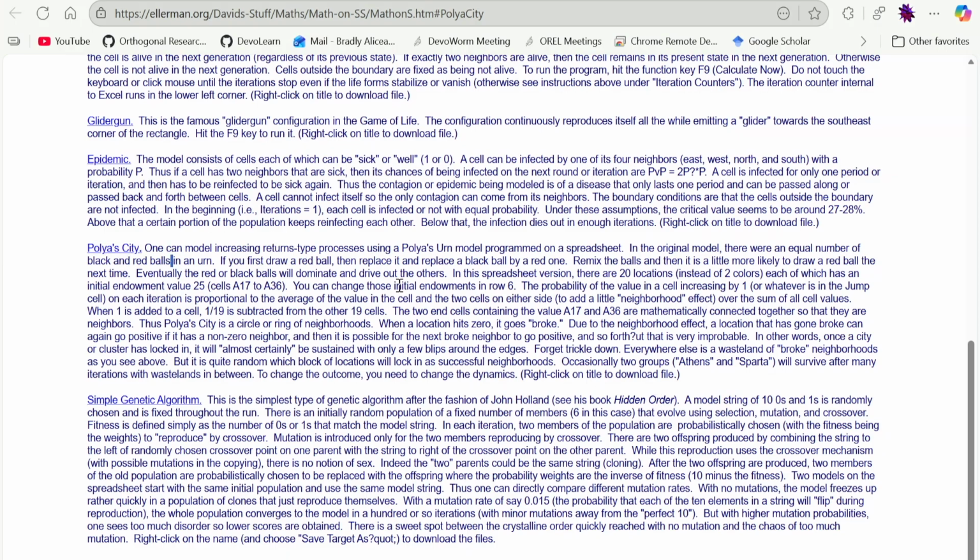So I talked about Polya's Urn, or I talked about urn models. And Polya's Urn is a version of an urn model where we do sampling with replacement. In other words, we put a bunch of balls in the urn, and then we sample balls out of the urn. And as we sample balls and put them on the table, we get new balls in their place, according to the original distribution of balls in the urn.